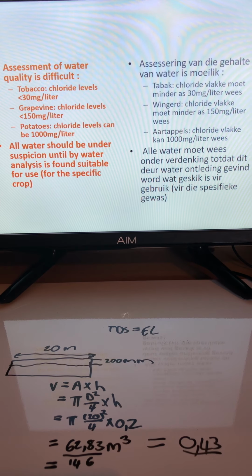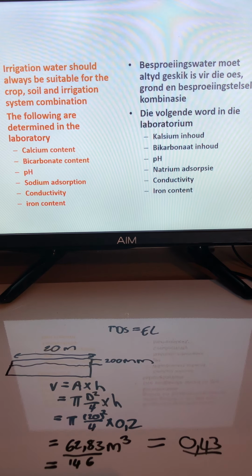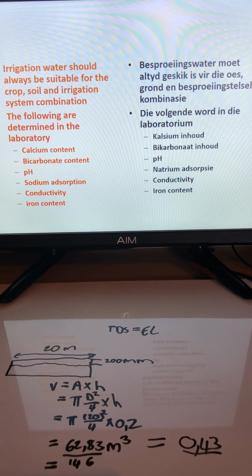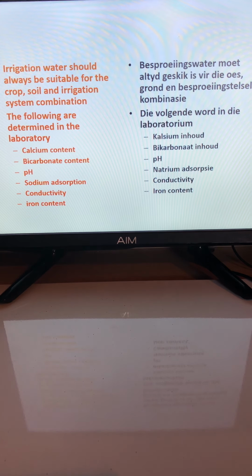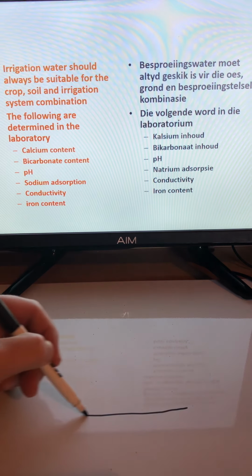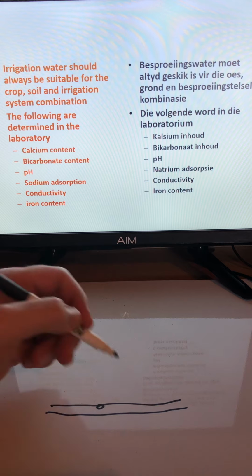So then all water should be under suspicion until water analysis is found suitable for use. Irrigation water should always be suitable for the crop, soil, and irrigation system combination. So that's system combination. If you have a drip system with a high calcium content, maybe, or bicarbonate content, what happens is that your line looks like this, and you've got very small holes for the water to actually go out of.